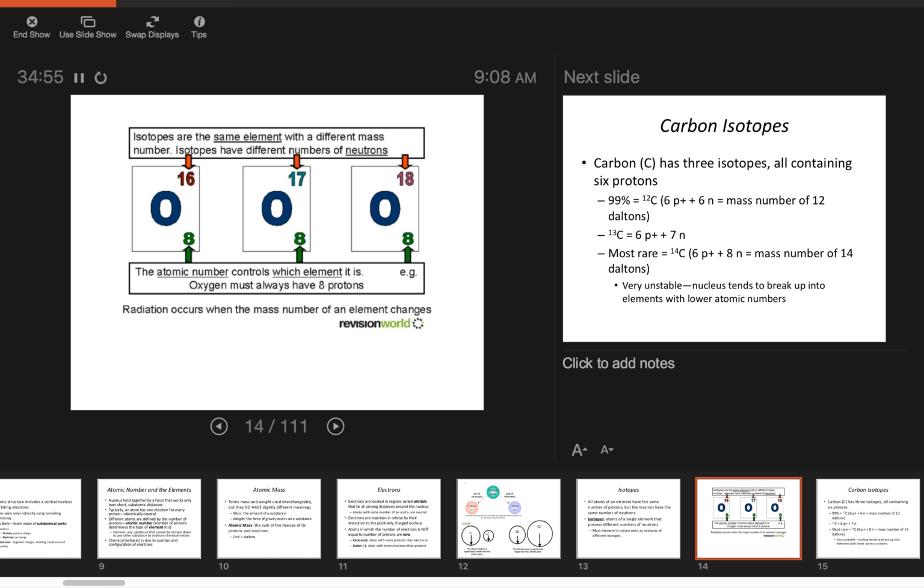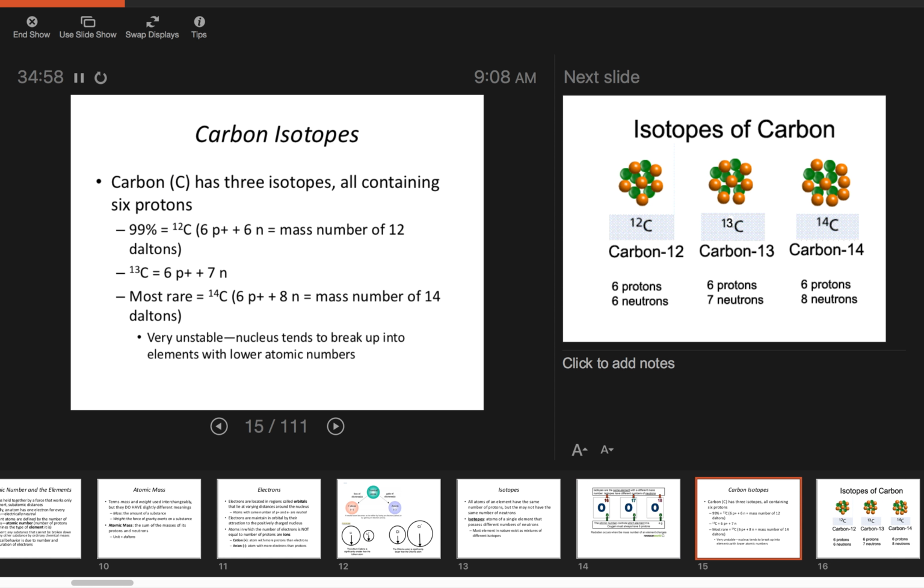All right, we're going to look at one more example of an isotope, and I've mentioned it before, carbon. Like I said, on the periodic table it exists as 12.01. It's close to a whole number, and that 0.01 is telling a story here. If it's 12.01, that means there are a lot more carbon-12 isotopes than there are carbon-13 and carbon-14.